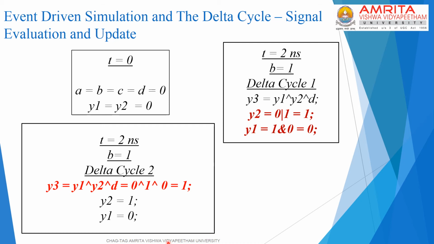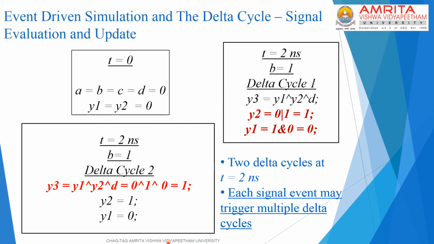In general, whenever there is an event in one of the signals on the right hand side of the assignment statements, it can trigger off a series of computational cycles. Each computational cycle will be a delta cycle. Now this sequence of computation will stop only when all the signals on the right hand side have settled down.